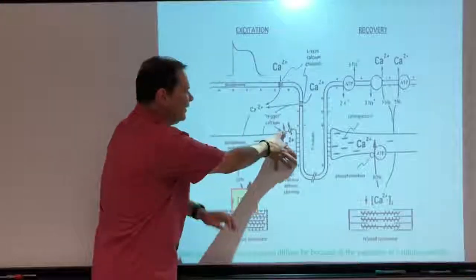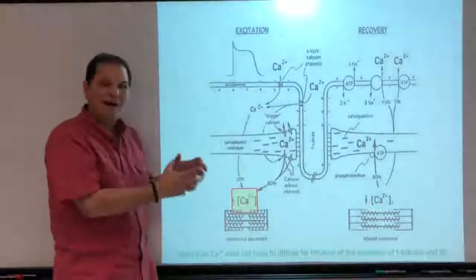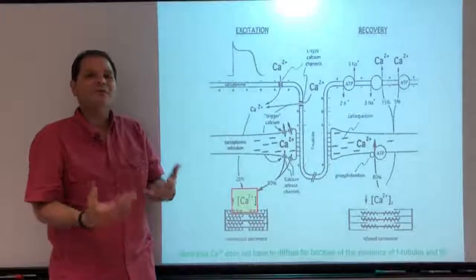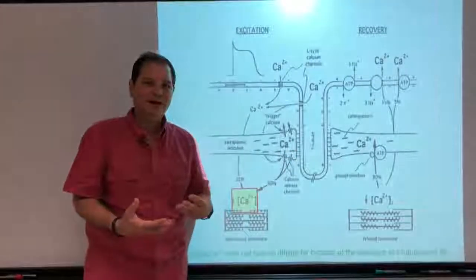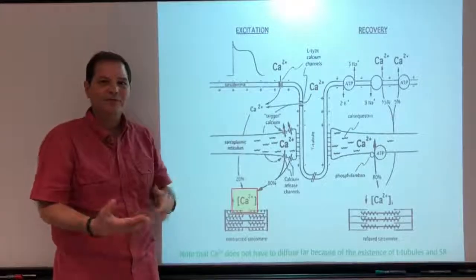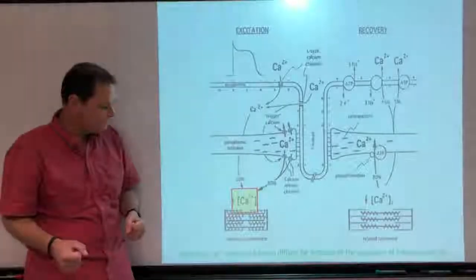The fact that the sarcoplasmic reticulum is very close to the myofilaments and wraps around the myofilaments means that that calcium never really has to diffuse very far in order to be released, or as we're going to talk about in the next video, taken back up into the sarcoplasmic reticulum and reaccumulated for the next beat. Okay?